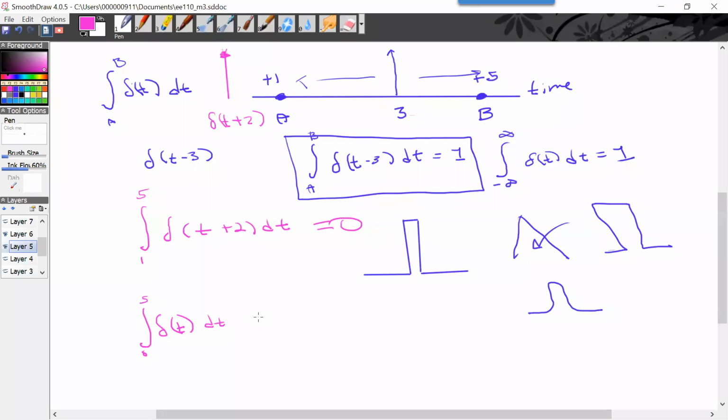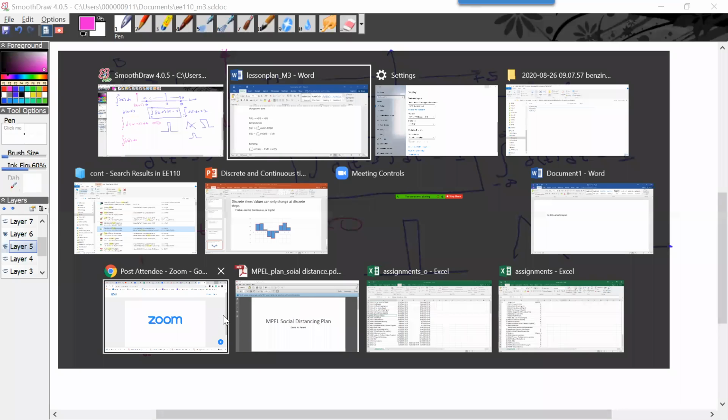Because in fact, it wouldn't really be 0, it would be something called 0 minus, meaning just enough to the side to actually capture it, which is not a mathematical way to speak. Okay, so yeah, Brandon, it's 0 because it's not within that 1 to 5 range. And let's see if I still have it up.